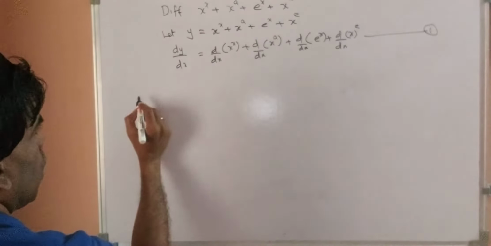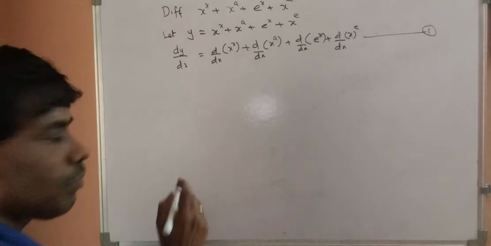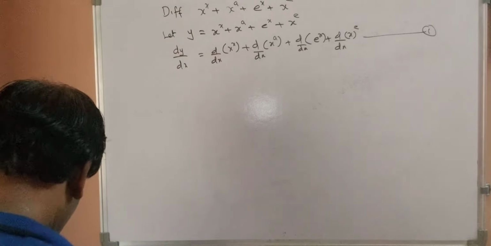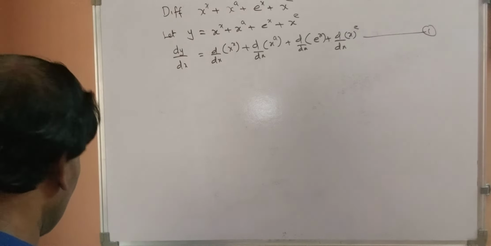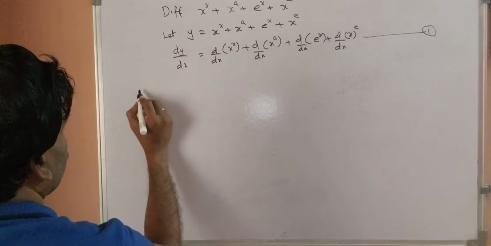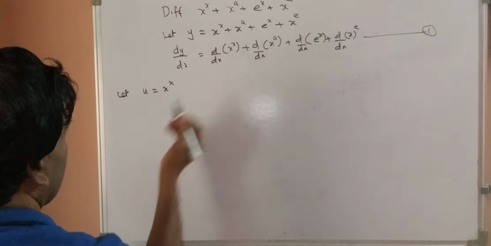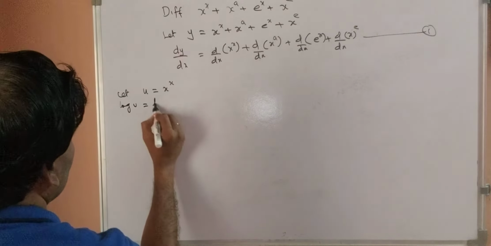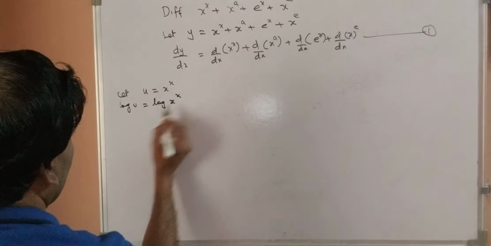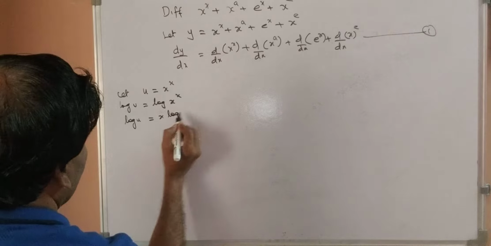Now we have to find the derivative of x to the power x. If you want, you can do it like this also. Let u equal to x raised to x. Taking log, log u equals x into log x.